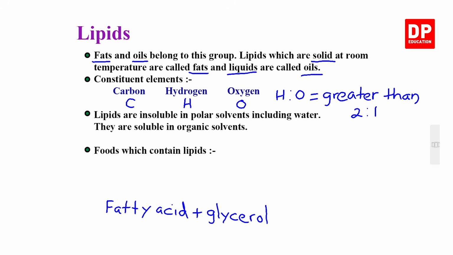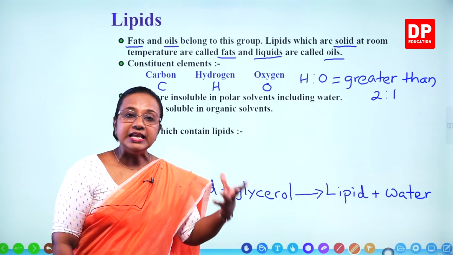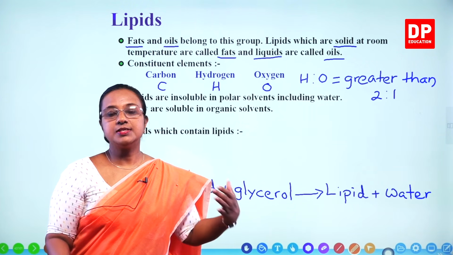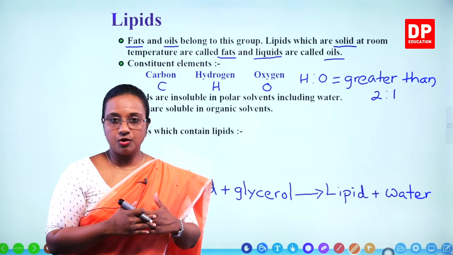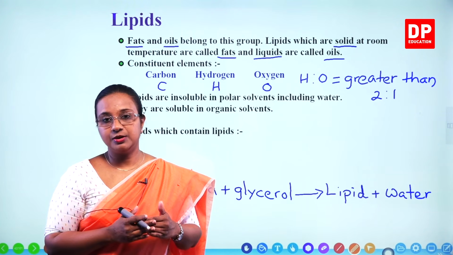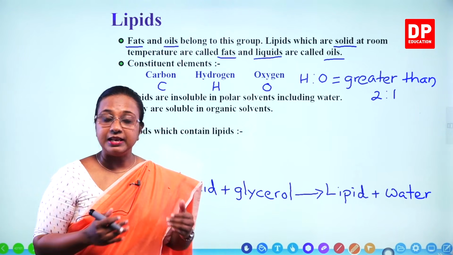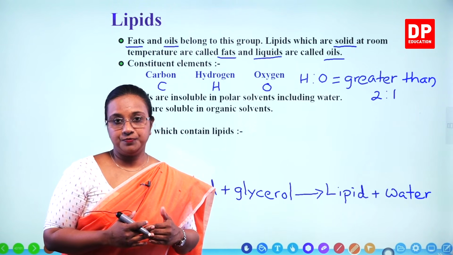These two substances combine and form lipid, and when lipid is formed, water is removed. So, here also many fatty acid molecules combine with glycerols, and these fatty acids are also very large molecules. Therefore, the resulting lipid is a very large molecule.